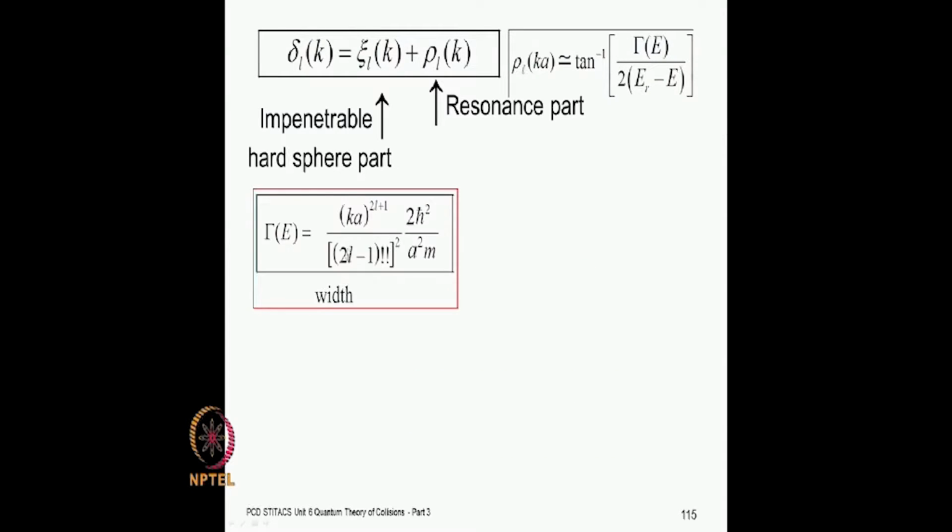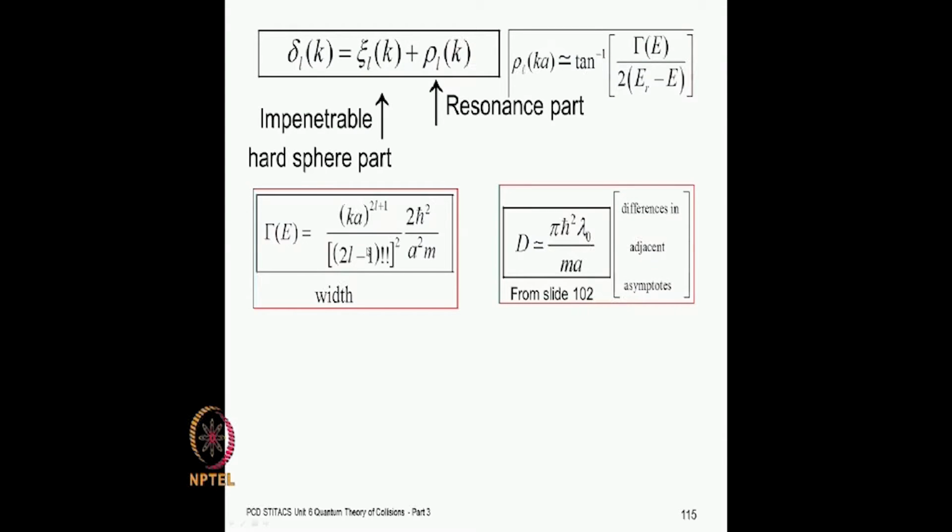Okay, so here you have got the resonance width, which is defined according to the previous relation, and in our previous class we had obtained the difference in the adjacent asymptotes. You will remember this expression from the previous class, it is there on slide number 102.